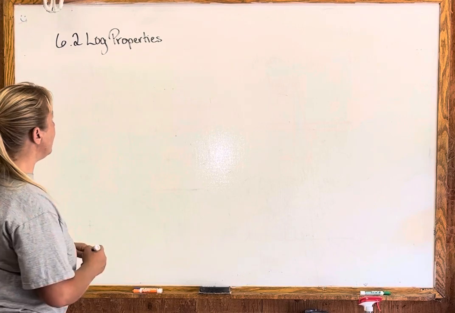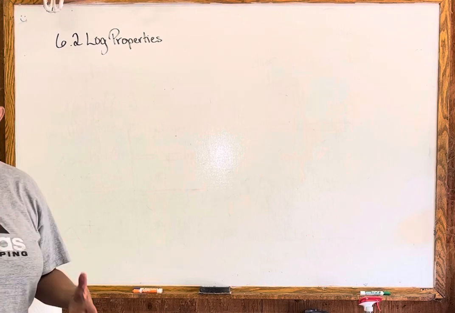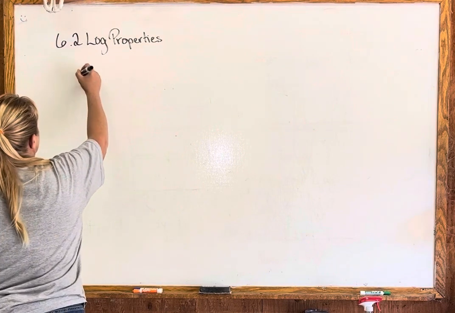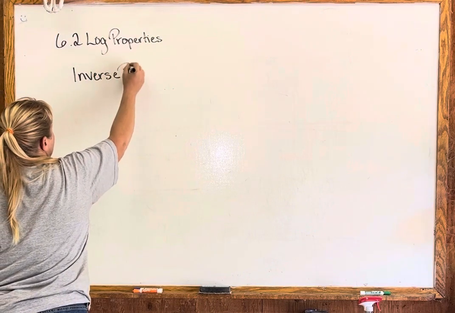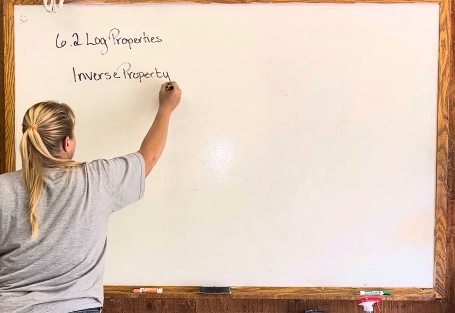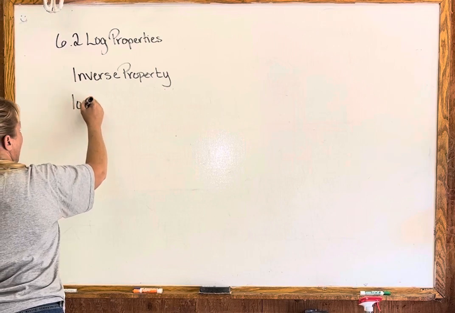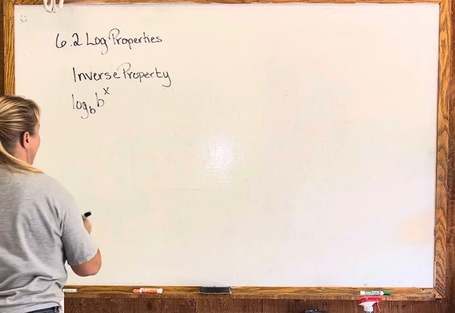So we're looking at log properties here, and we've got a couple of them that we're going to use. The first one is called the inverse property. And the inverse property actually has two parts. So the first part says if you've got log base b of b to the x.